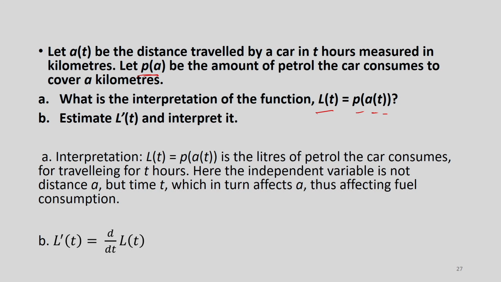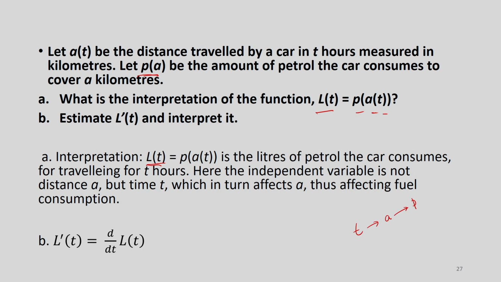So, this is easy to understand. Time t affects distance A, and distance affects petrol consumed. So, ultimately P is a function of t, and that is written here as L of t.